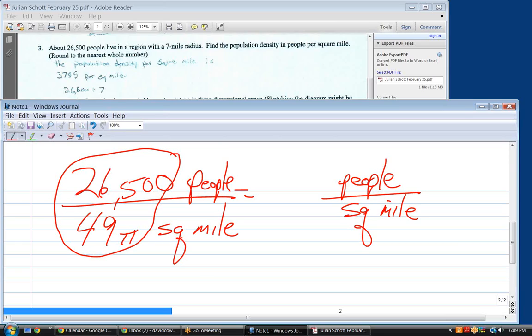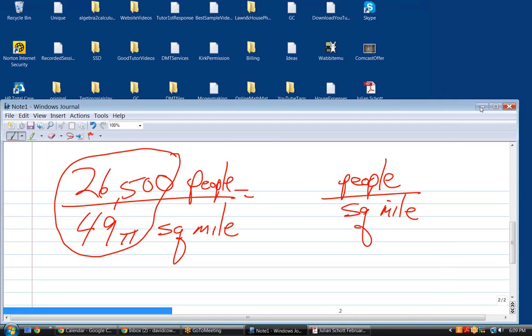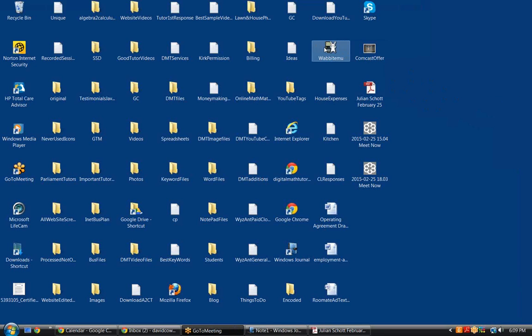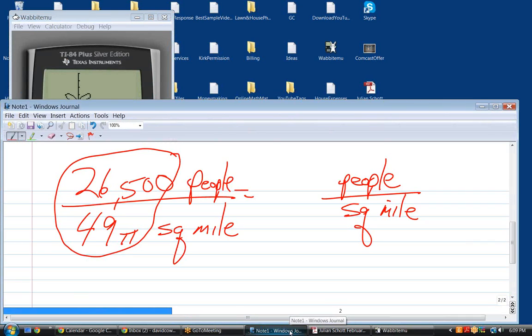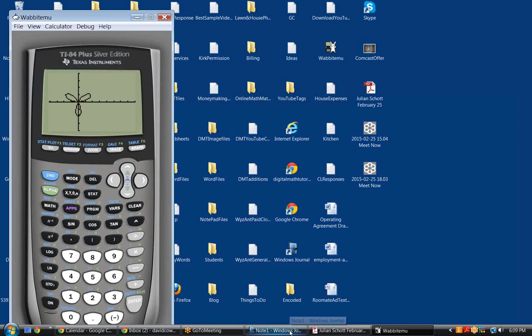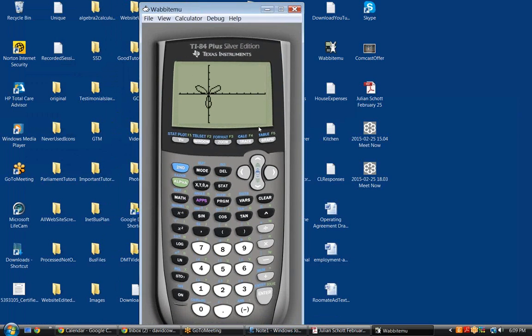First of all, pi is in the denominator, so you wouldn't get pi in your answer. Okay. So let me just make sure you know how to do this on your calculator. All right, we're taking 26,500 and dividing it by 49 pi.